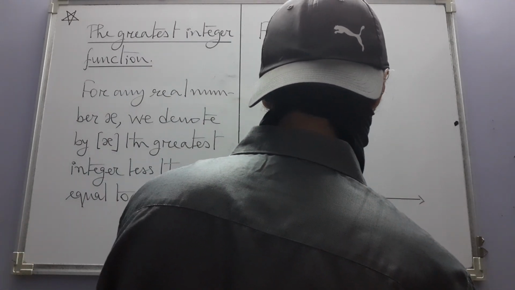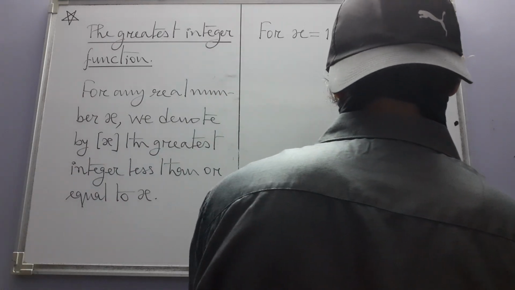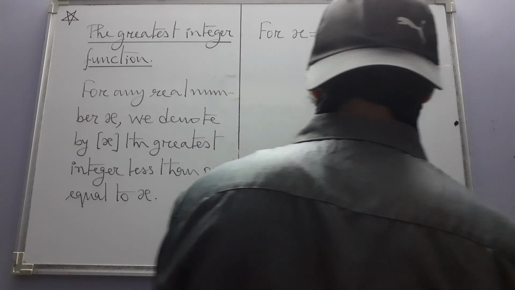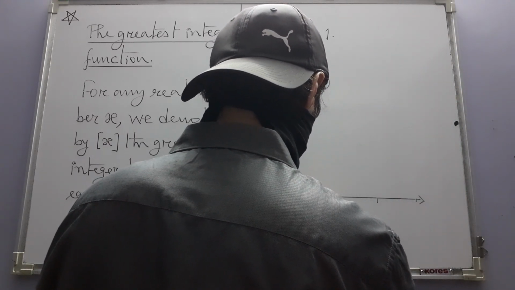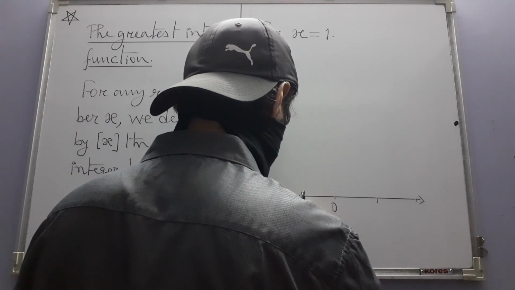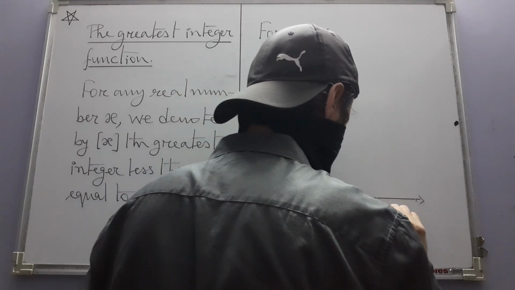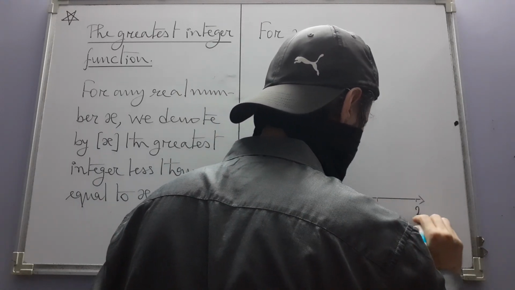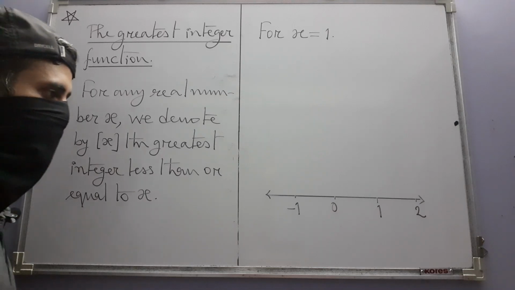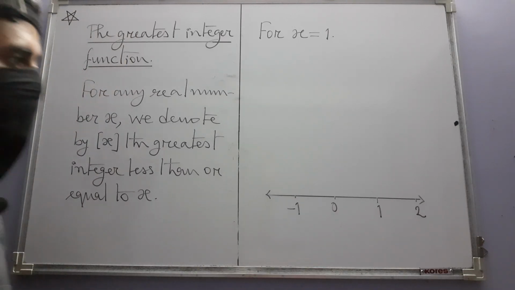And on the real line, we locate these points. 1 here somewhere, we will have 2. Because we have uttered integer, you can imagine that this function or this symbol has something to do with integers. Well, the definition is in front of you, but that's why we are drawing integers.